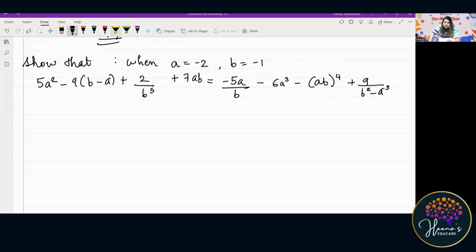Can I say in this we have an equal to sign in between, and on the left hand side we have some terms, and on the right hand side we have more terms.